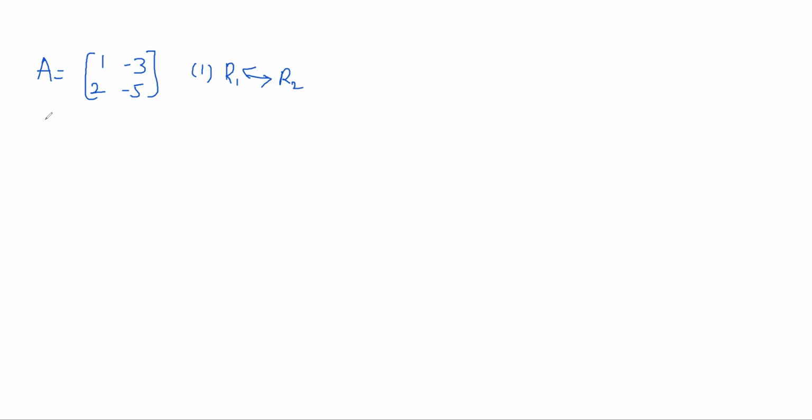If we apply this row operation, R1 interchanged with R2, what we will get is [2, -5; 1, -3].